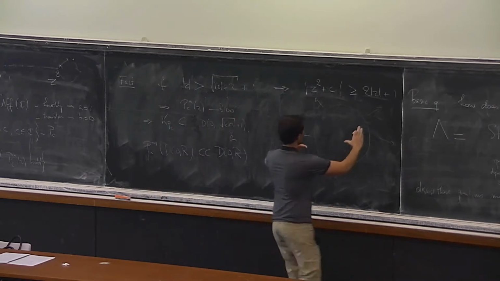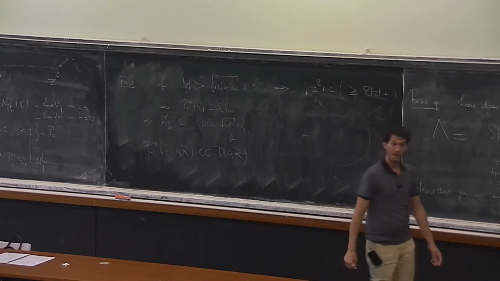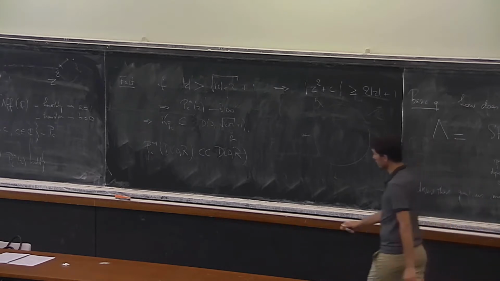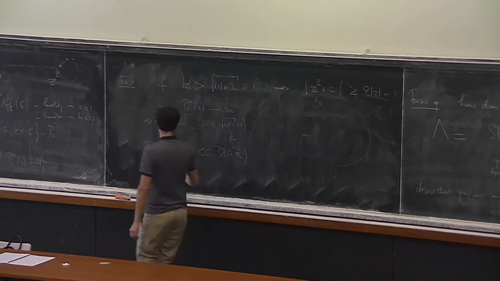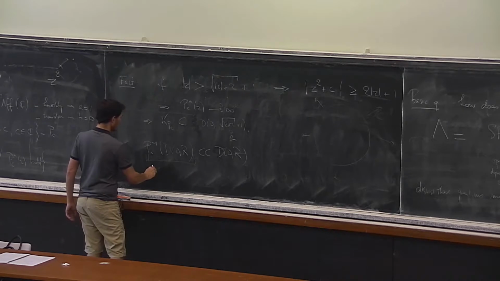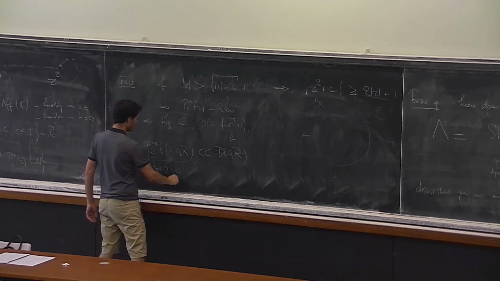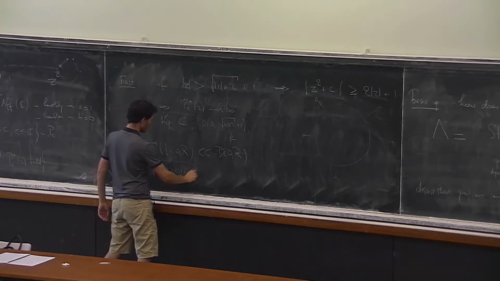So when you pull back, you get something which is smaller. So what is this set? It is defined by something like the set of points in the disk of radius r such that |P| is smaller than something.